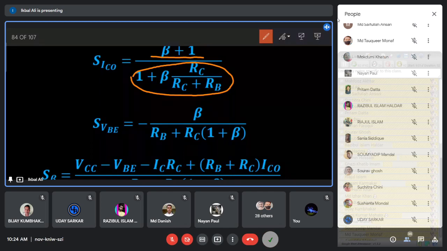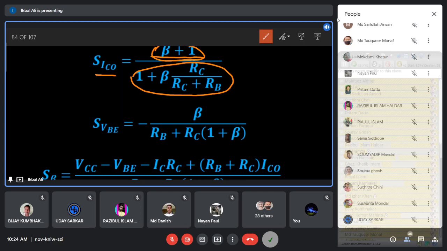In case of the fixed bias circuit, you have beta plus 1, where usually the transistor beta is of a very high order, 10 to 100, 110. So this is the order of beta usually in case of a transistor. Then beta plus 1 is a large value, and that makes the stability factor very high. If the stability factor value is very high, that means the stability of the circuit is low. So SICO in case of the fixed bias circuit was beta plus 1.